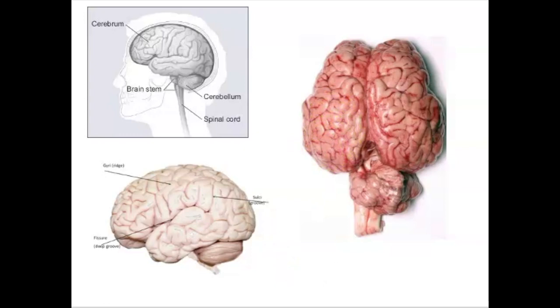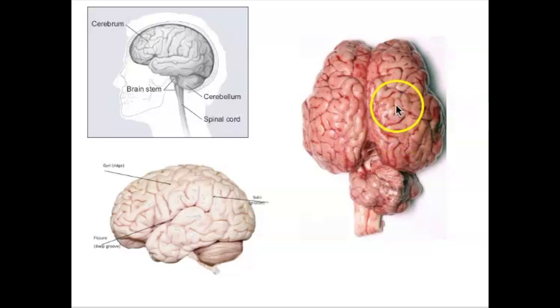Why does the brain have this bizarre infolded pattern of gyri and sulci? The answer to that question is surface area. You're trying to fit an awful lot of cells into a limited space inside the human skull.